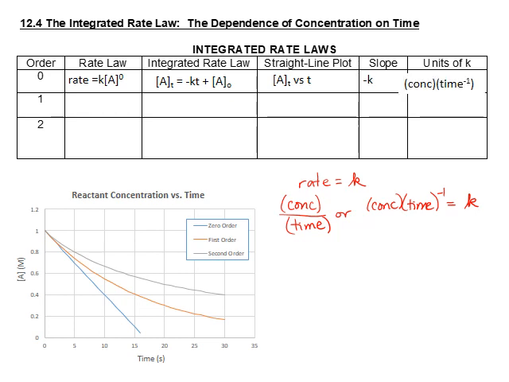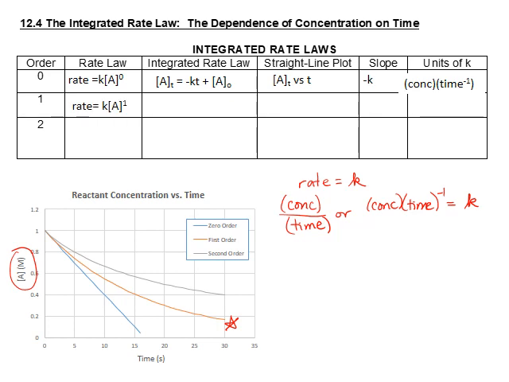Now let's look at first order reactions. When we look at the concentration versus time graph for a first-order reaction, we see that it is not linear. It is curved.